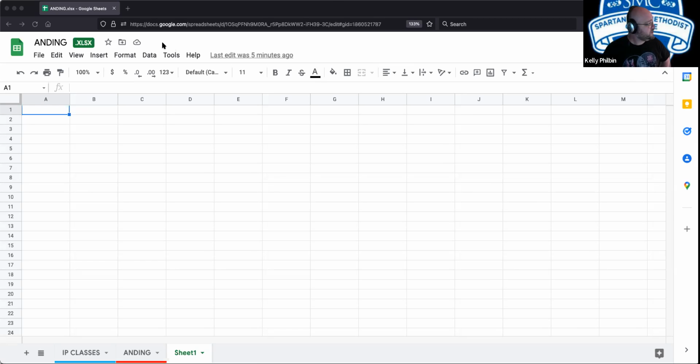If I have a subnet mask, and my subnet mask is 255.255.0.0, how would that look in binary? That's not an IP address, excuse me, that's my subnet mask.